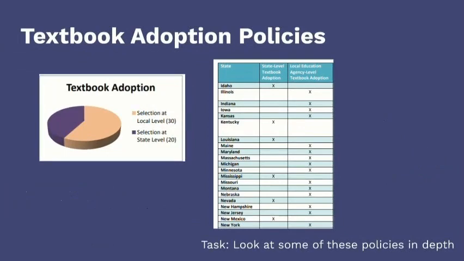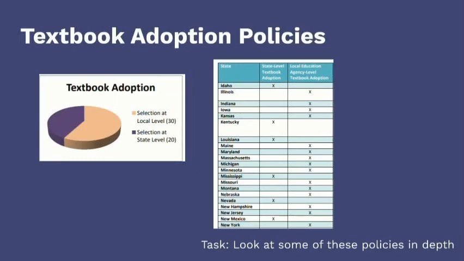So let's look at what is actually happening in the United States in terms of textbook policies and curriculum policies. Currently, there are 30 states that allow the local level, the communities, to determine what curriculum and textbooks should be taught, while there are 20 states where the curriculum is mandated at the state level, that the state level decides, and then all the schools in the state follow this.